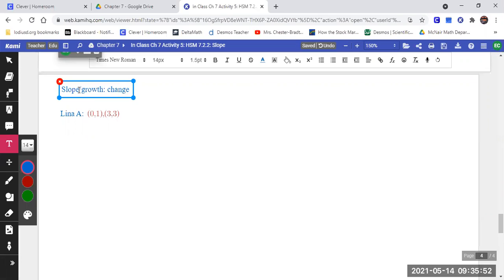Yes, we do know it's the letter M. Change of what? Yes, change of Y divided by change of X.